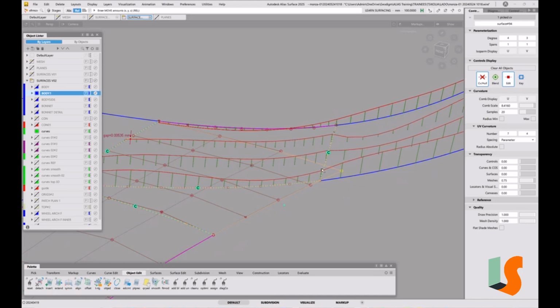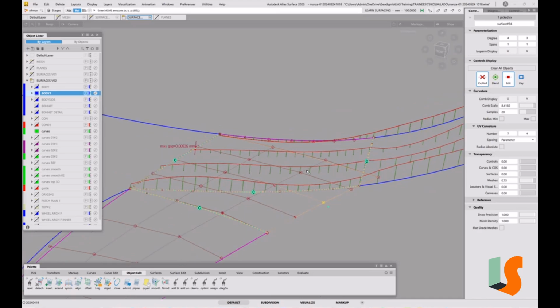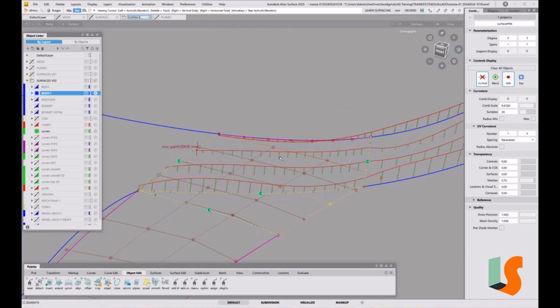So that one, I'm looking more at the edge than anything else there. Obviously, I can't pick these CVs because they're entirely dependent on this surface here. So everything's dependent on everything else here. This is why it's a bit of a nightmare, to be honest.